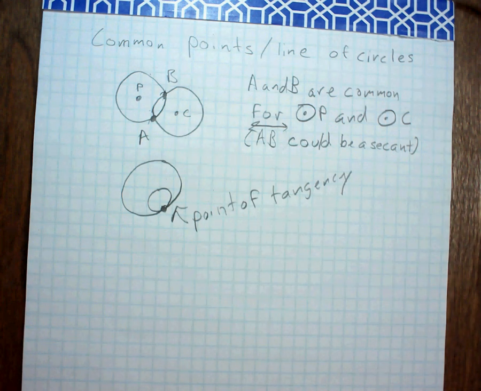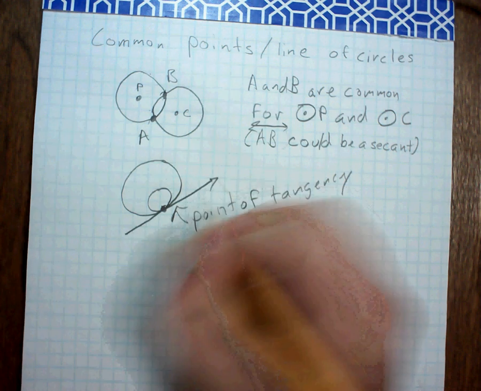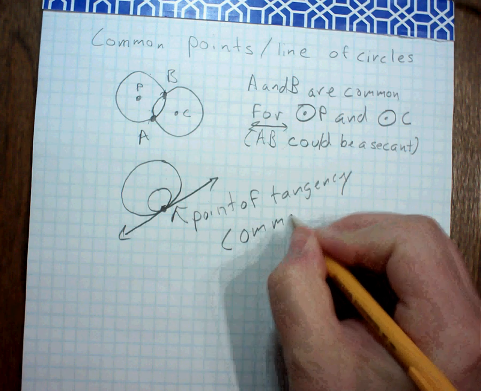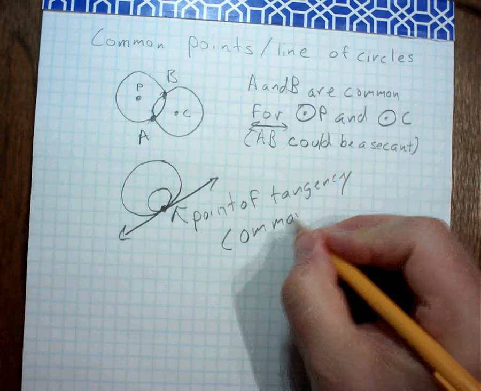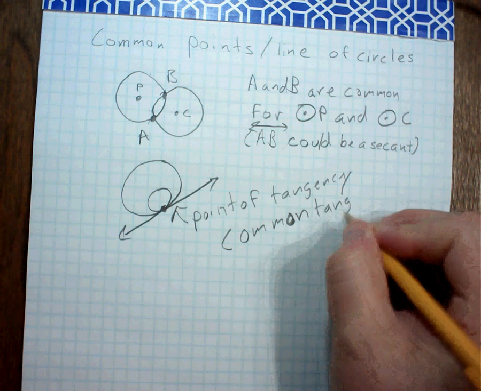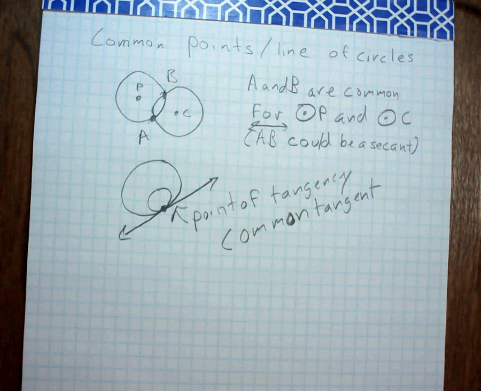Okay. And then if I were to draw a line through that, that would be what we call a common tangent. Okay, so those are 2 scenarios.